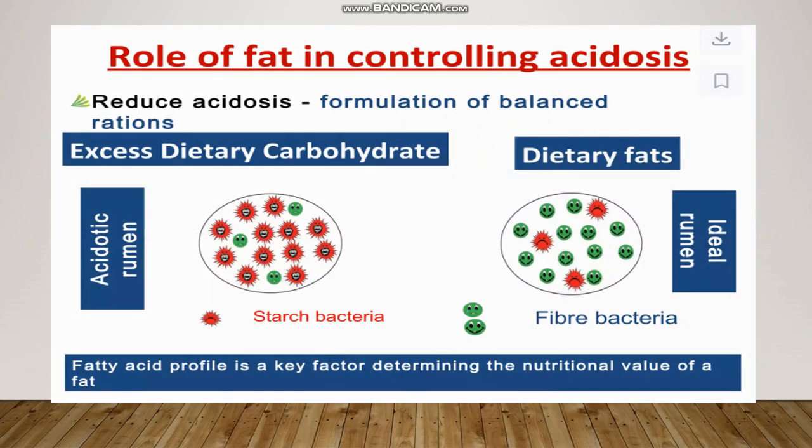The role of fat in controlling acidosis. When we feed non-structural carbohydrates to dairy animals during early lactation, it causes rumen acidosis. While dietary fat or bypass fat doesn't affect the rumen environment and saves the animal from rumen acidosis.